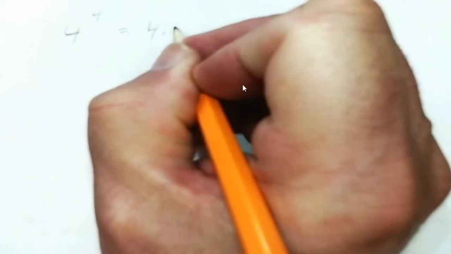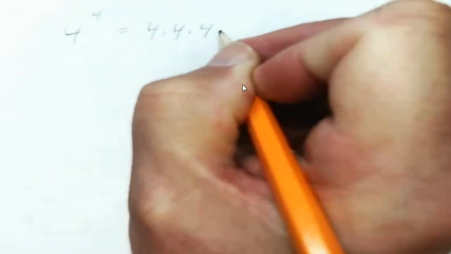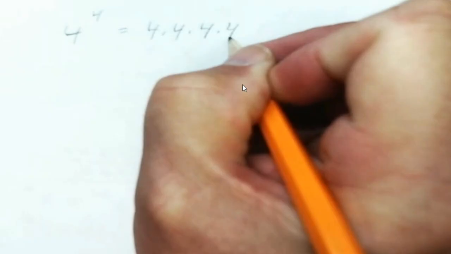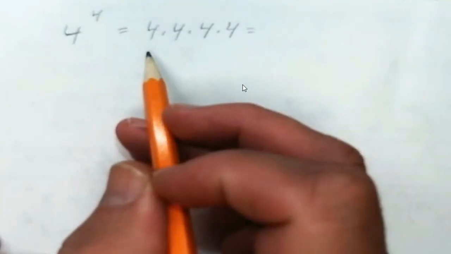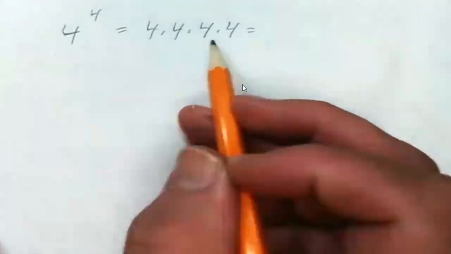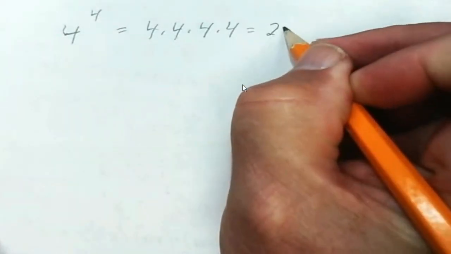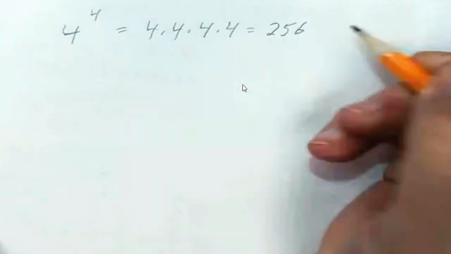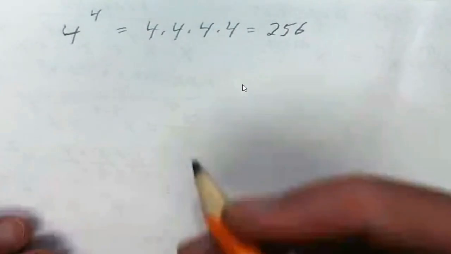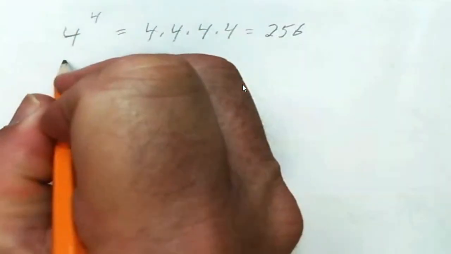That is just 4 times 4 times 4 times 4, which we can take a calculator and know that's 256.